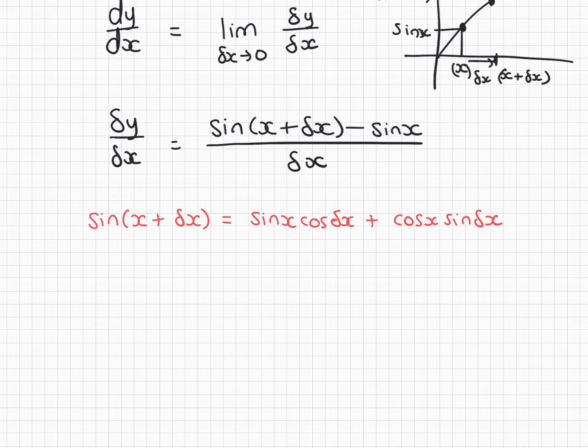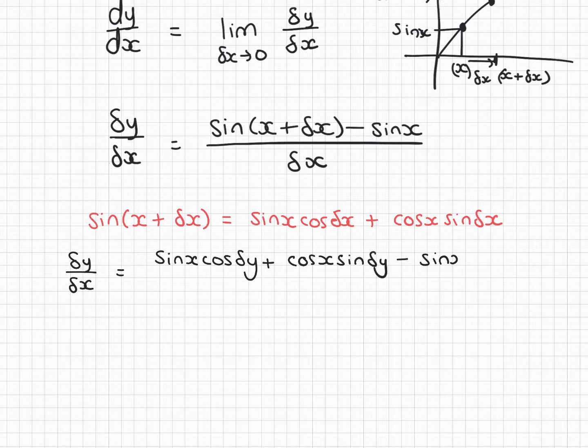So if I sub that back up into this equation, I'm going to get that delta y by delta x equals sine x cos delta x plus cos x sine delta x minus sine x, all over delta x.